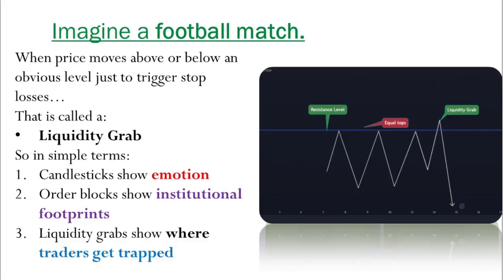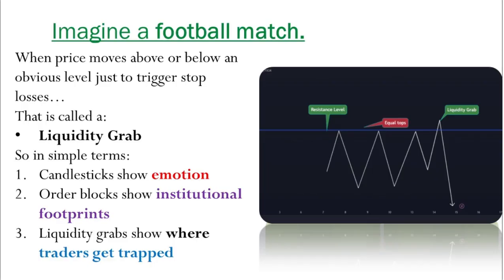Yes. So in simple terms, candlesticks show fear in the market. They show emotion in the market. Then order block shows institutional footprint. Please write these three things down.